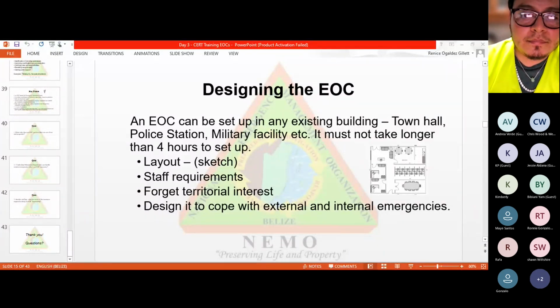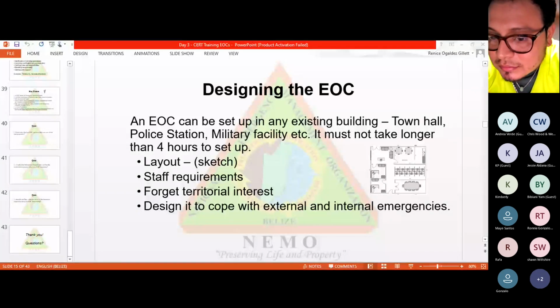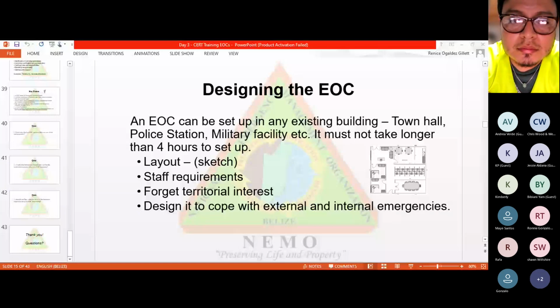Okay, guys. So if we don't have anything, the floor is open. Before we wrap it up, yes. Somebody was saying something.